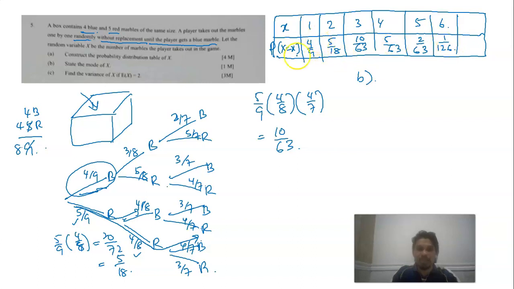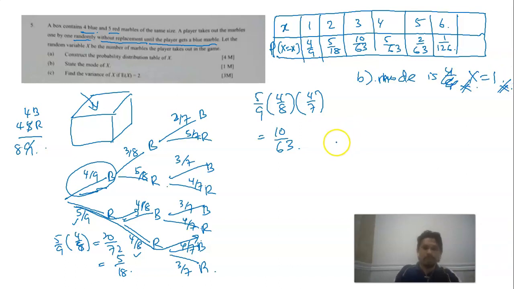So the mode, with the highest probability 4/9, is x equal to 1, which is greater than all the other probabilities. So the mode is x equal to 1. There you go.